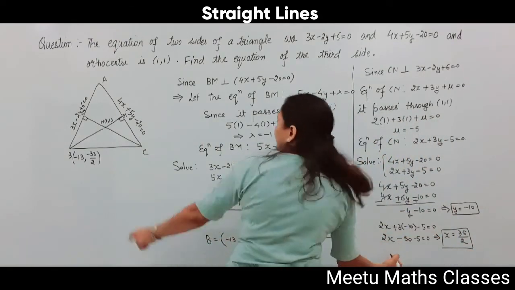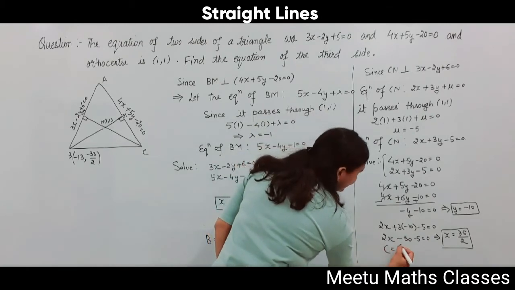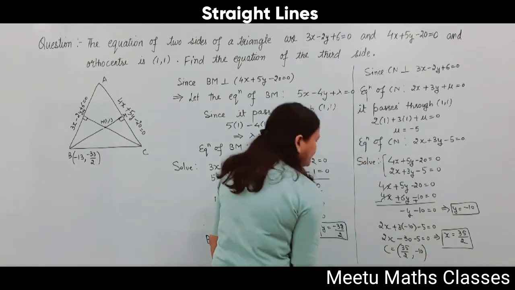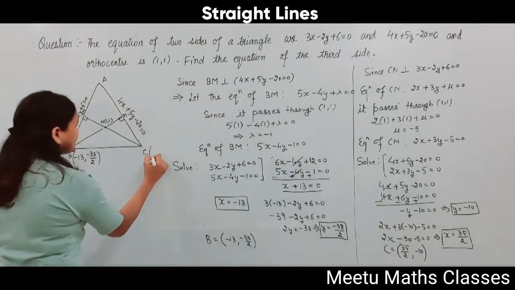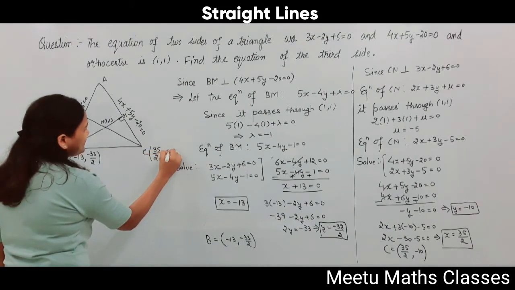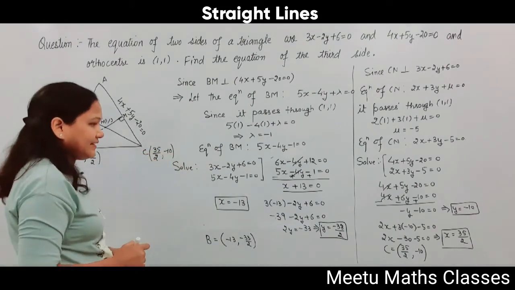So the coordinates of C are (35 by 2, minus 10). Now write the coordinates here.